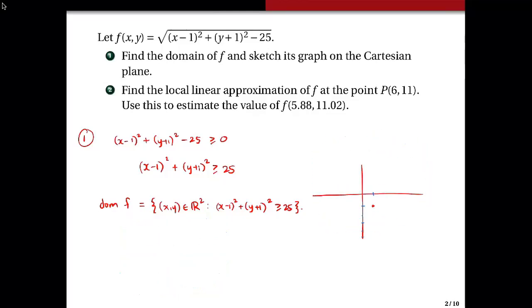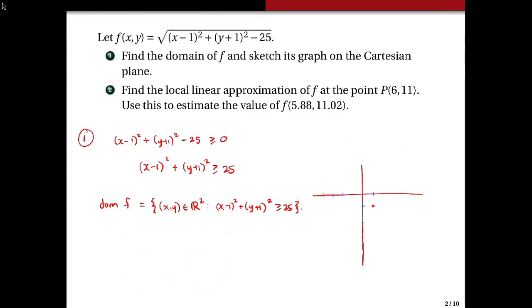And then I have 5 in here. And then, of course, you need it to be bigger than that. So this is 1, 2, 3, 4, 5.